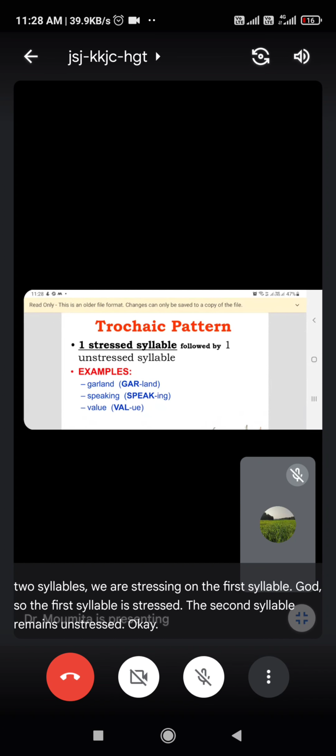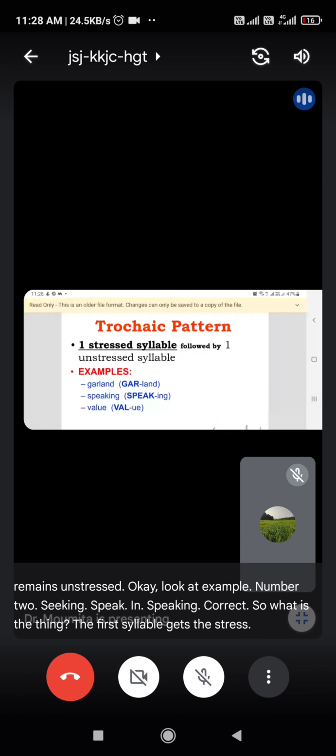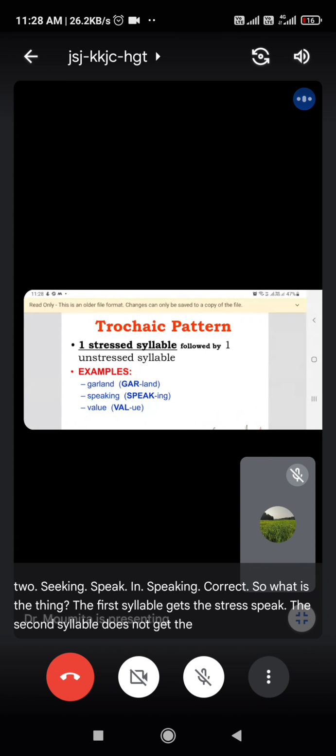Okay, look at example number 2. Speaking. Speak-ing. Correct? So what is the thing? The first syllable gets the stress, speak. The second syllable does not get the stress, so it remains unstressed, ing.